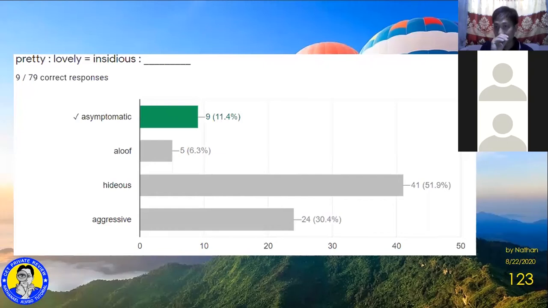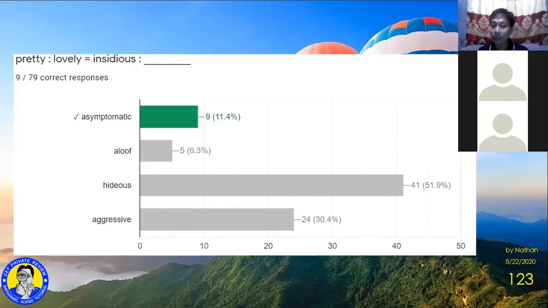So insidious, I don't know insidious also because I never use that word whenever I'm teaching. I only see insidious in the sample entrance test. So I look at the dictionary and it means that it is used in reference to a disease that is not showing any symptoms.